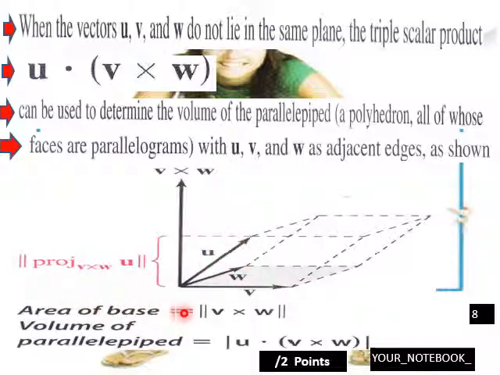So the area of the base will equal the magnitude of v times w. The volume of the whole thing will be the absolute value of u times the quantity v times w. So the projection of v times w, u, this is what it looks like here.